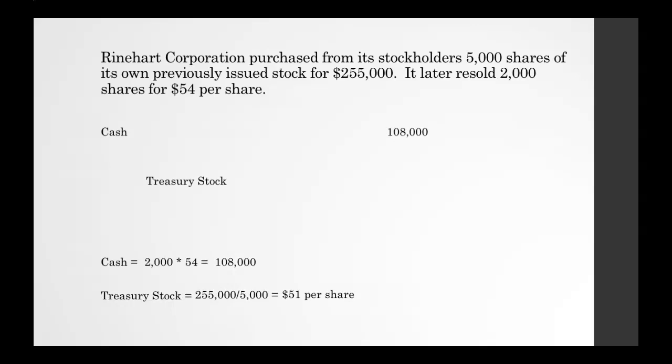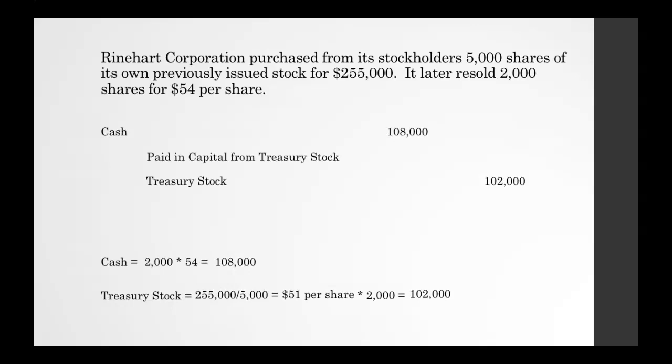And we find that when we bought back this treasury stock, we paid $51 per share. So we'll take that $51 per share amount, multiply it by our number of shares that we're now selling in this transaction, and we get 102,000. So we will credit our treasury stock for $102,000.